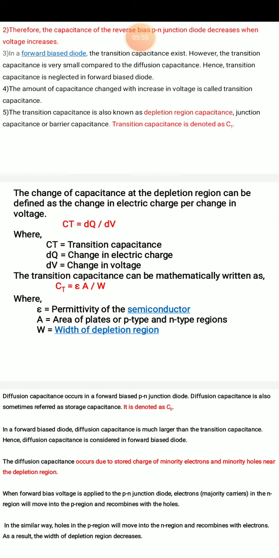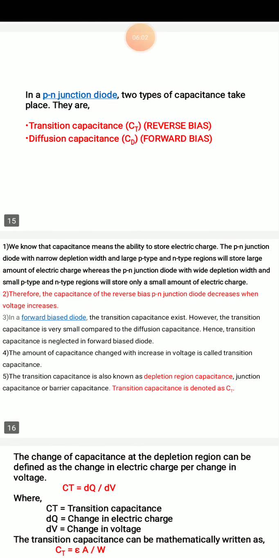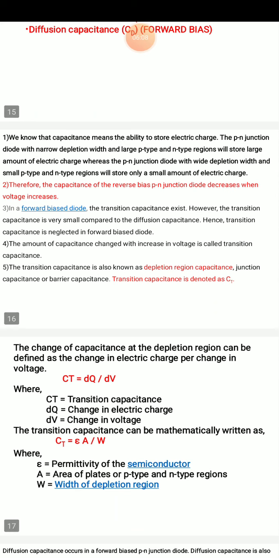Through these two modes, we can calculate the CT. Please remember that CT is particularly used in the reverse bias, where the depletion region width is very high.